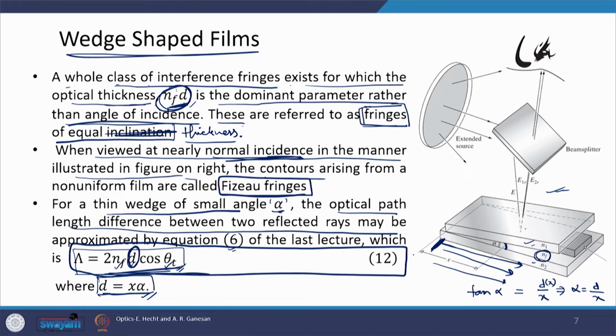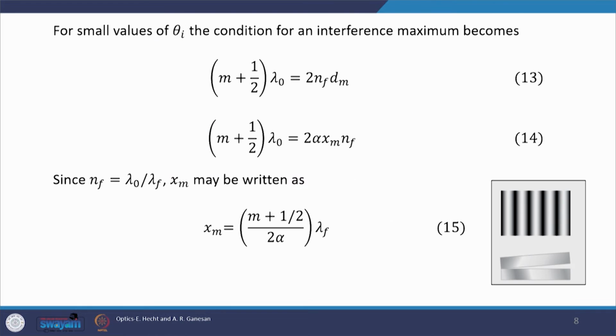We assume that x is 0 there, and as we move away from that line of contact, x increases in the positive direction. Now, under this condition, for small values of angle of incidence, the condition for interference maximum will be given by equation number 13. We are just following the last class lecture.